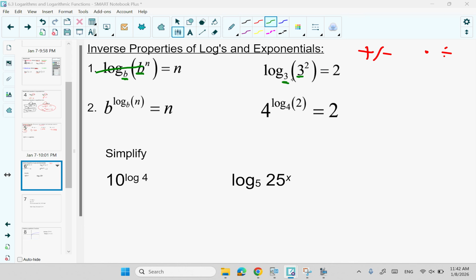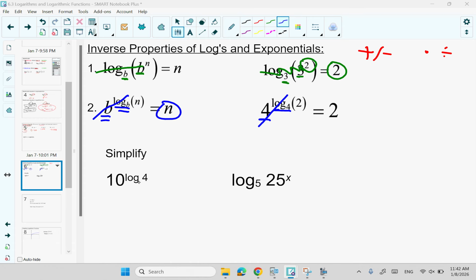So 3 and 3, the log 3 and the 3 undo each other. I'm left with just the exponent. The same works if I have that base number with an exponent of that thing, they cancel out, I get there. So for example, 4 and log base 4, they'd cancel, giving me 2 equals 2.